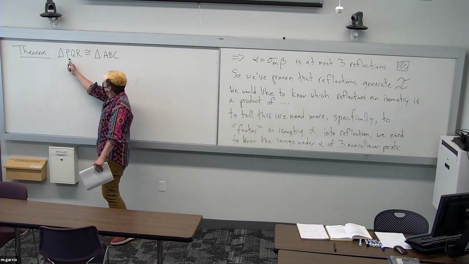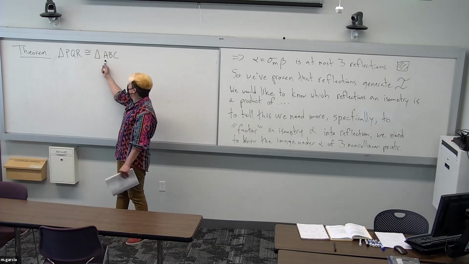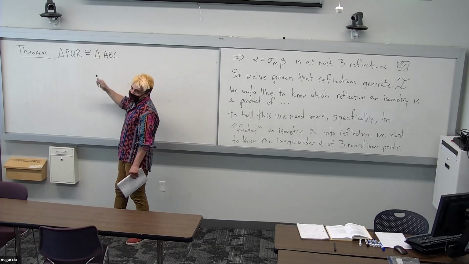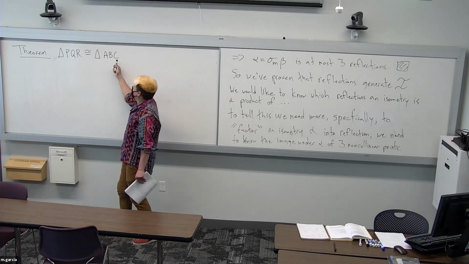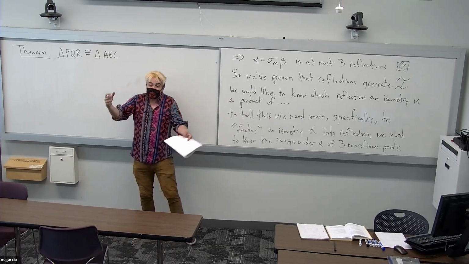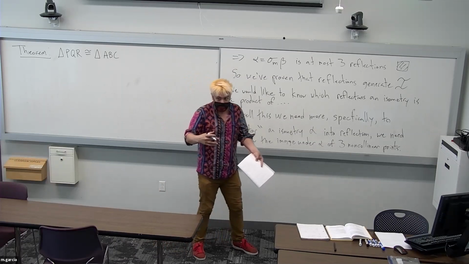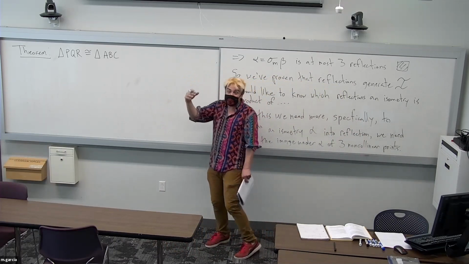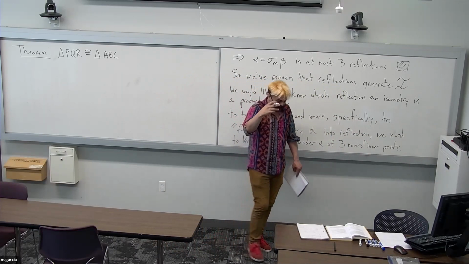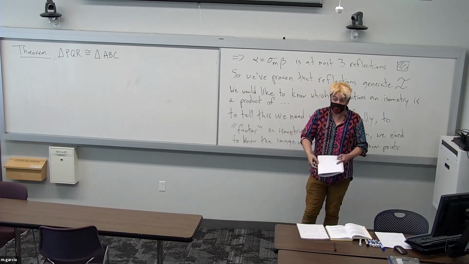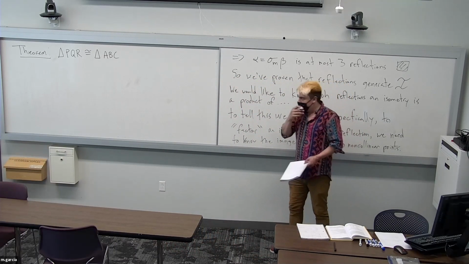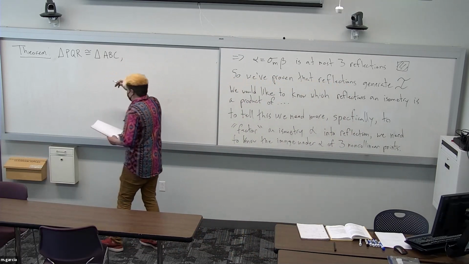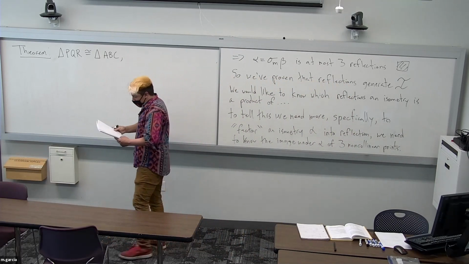That is to say, the distance from P to Q is the same as the distance from A to B, the distance from Q to R is the same as B to C, and the distance from R to P is the same as the distance from C to A, and all the angles measure the same. Of course, you don't have to check each one of those things. This is where you get your side angle side, etc., which was discussed in section 1.2. I just want to make sure we're all together on this. This is notation from section 1.2. Okay?